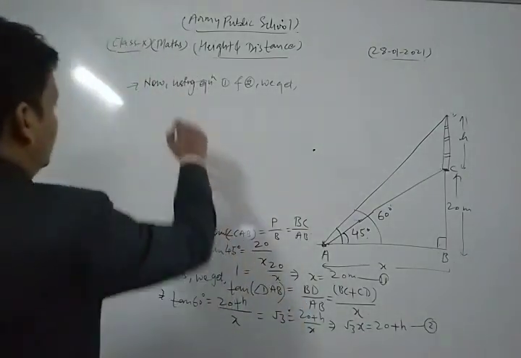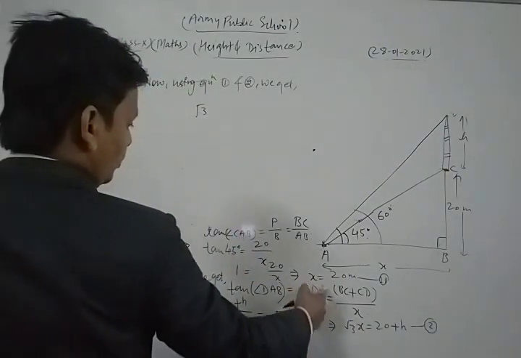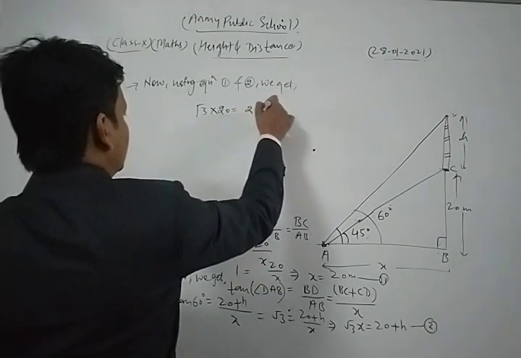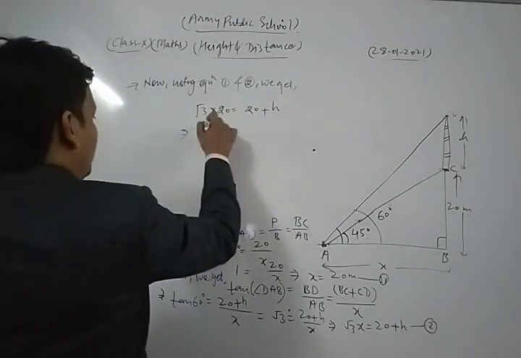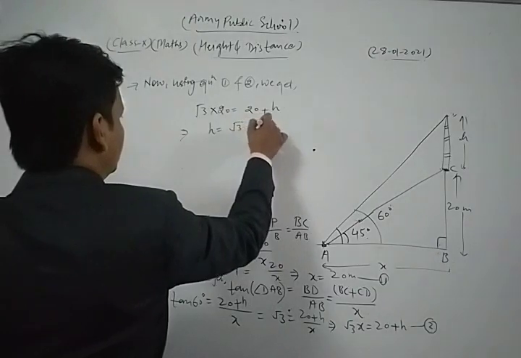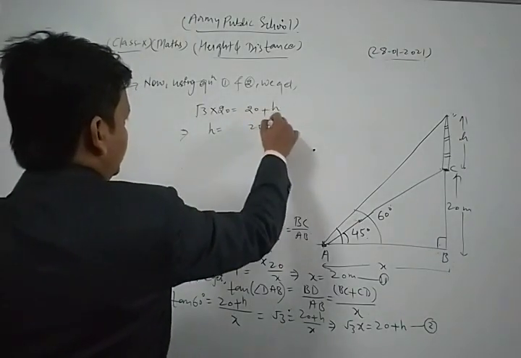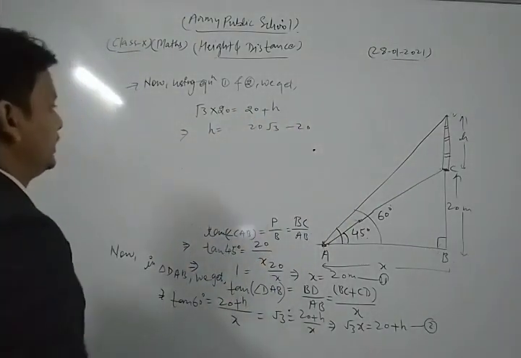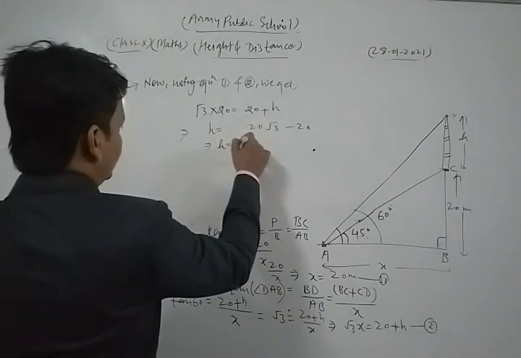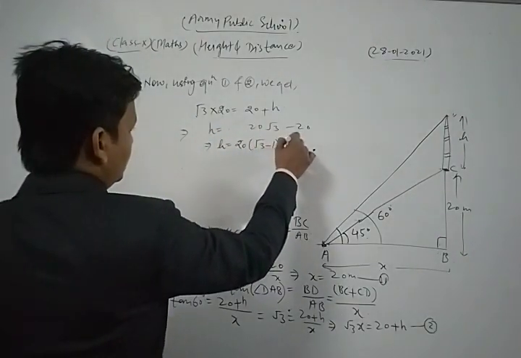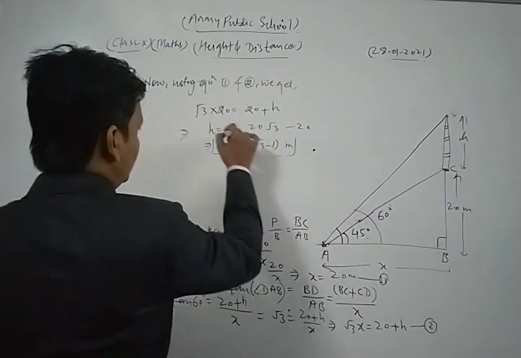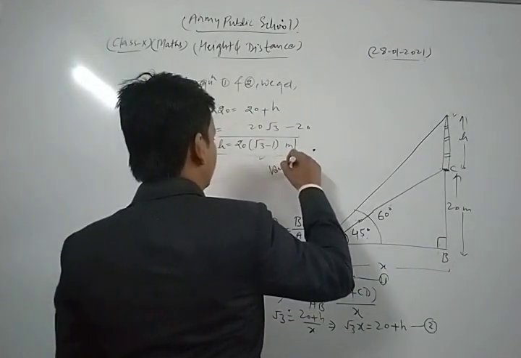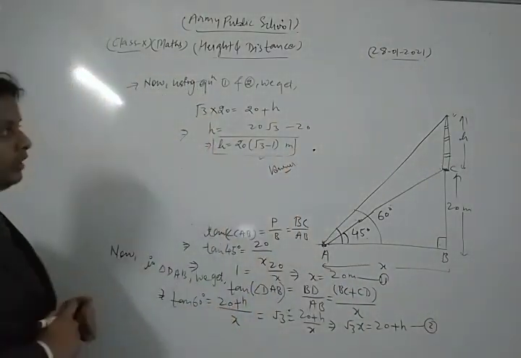So we get root 3 into x, the value of x is 20, is equal to 20 plus H. So the value of H is equal to 20 root 3 minus 20, transferring that to this side. Now we take 20 as common, so H is equal to 20 times root 3 minus 1 meter. Thus in this way the height of the required tower is 20 (root 3 minus 1). This is your final answer. This is your complete answer.